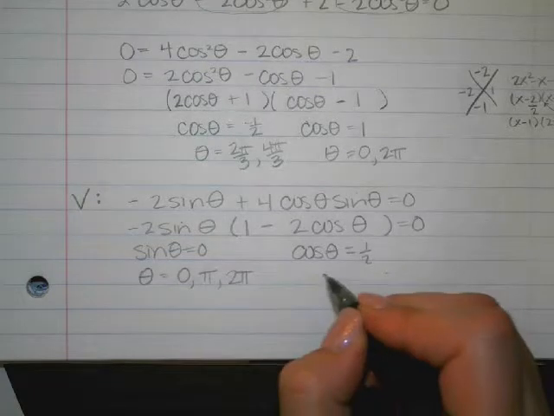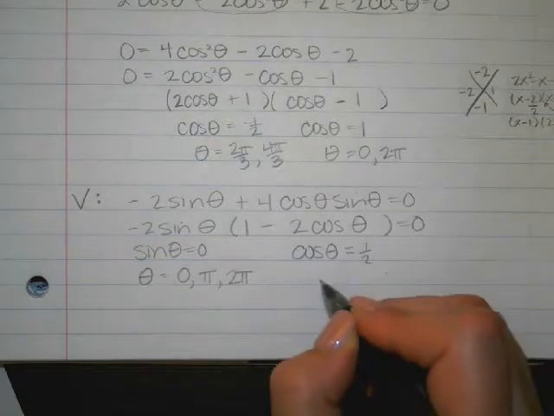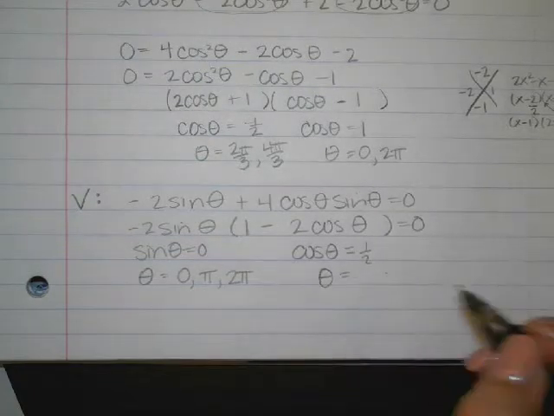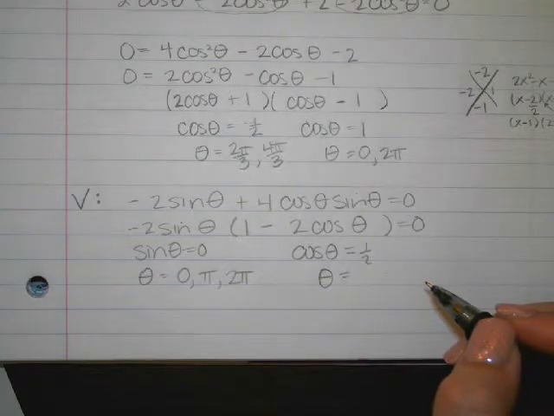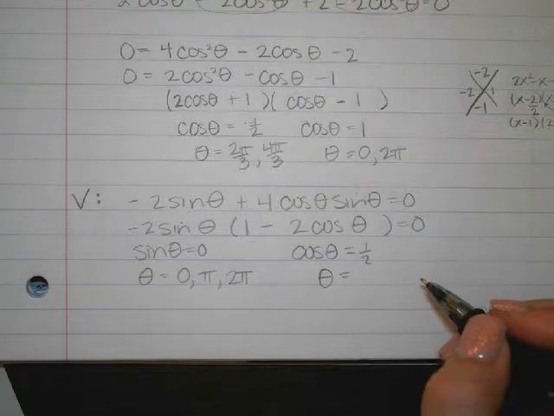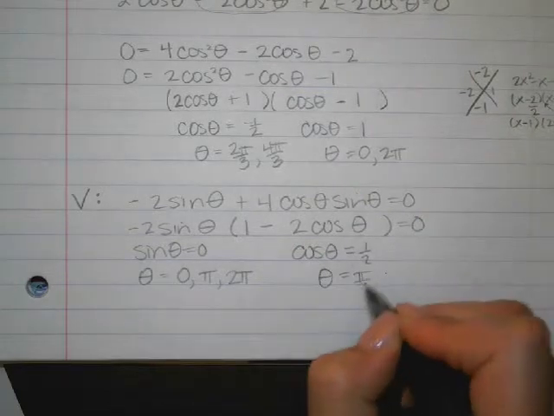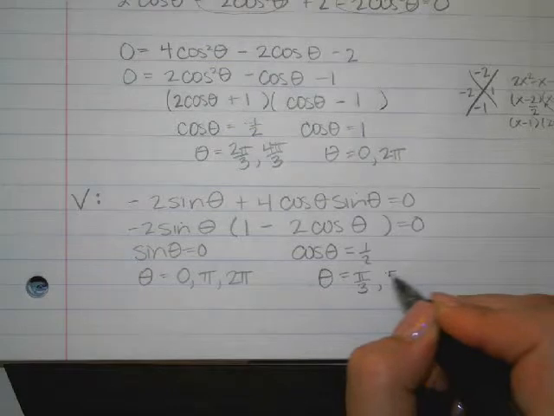And then cos equals +1/2 at pi thirds and 5 pi thirds.